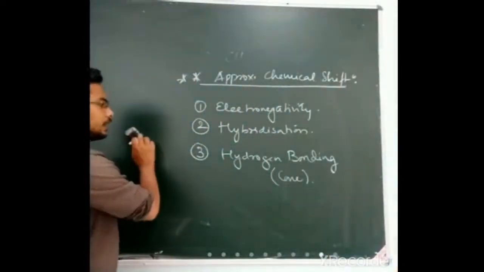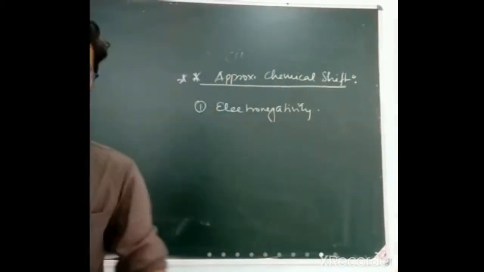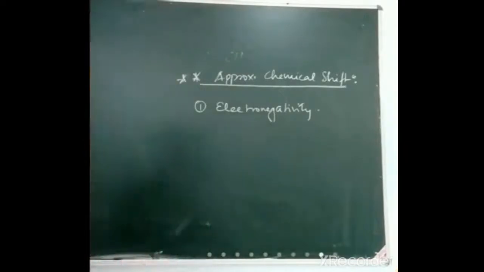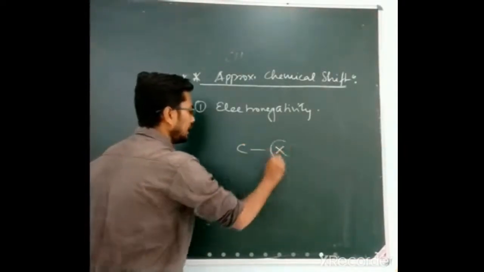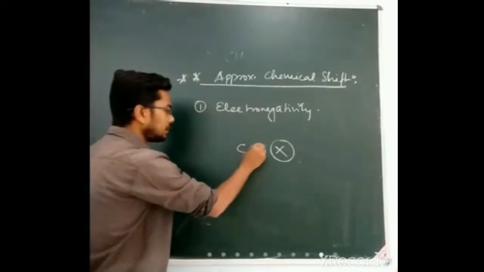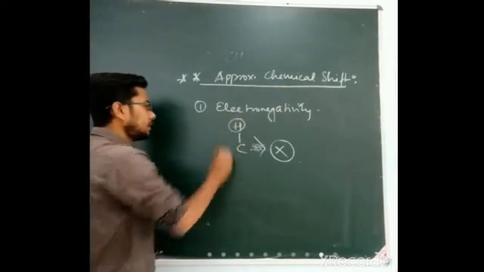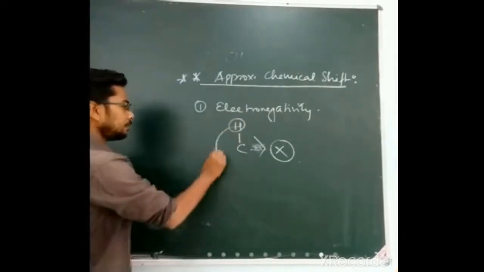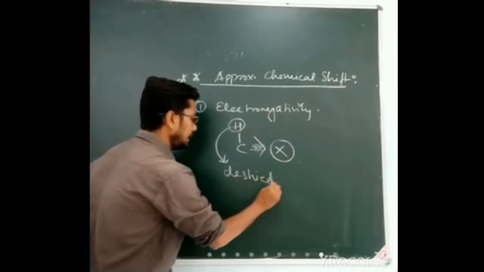Okay, and if I have to take the points one by one, then you have to understand that if any electronegative element is present here, then it will pull the electron cloud towards itself, and ultimately this particular nucleus will be deshielded.